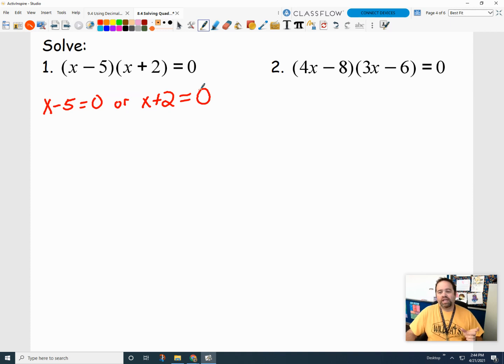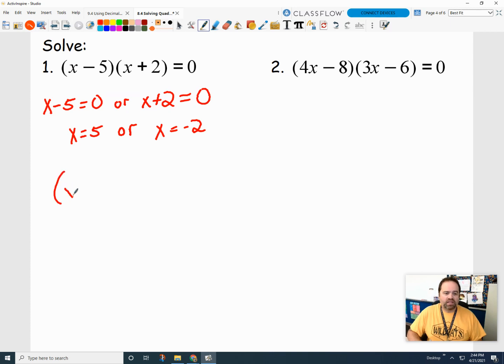So what I should get are these two very simple equations that will result in two very different answers. If I add 5 on both sides here, x can be 5, or if I subtract 2 on both sides here, x can be negative 2. So I get these two answers, x is 5 or x is negative 2. Now, normally if you were solving an equation, you would take those back in and check them. We can do the same thing here.